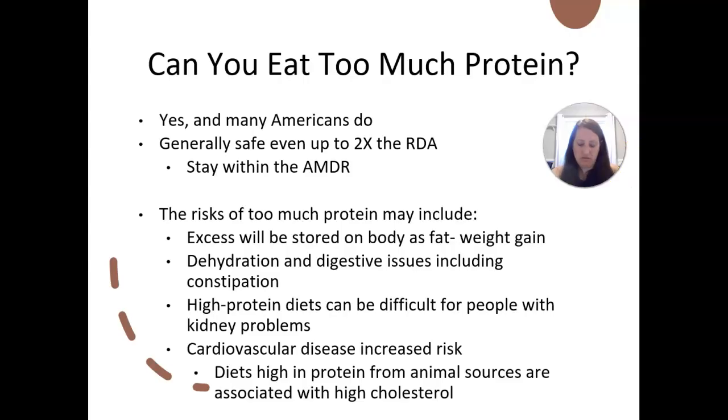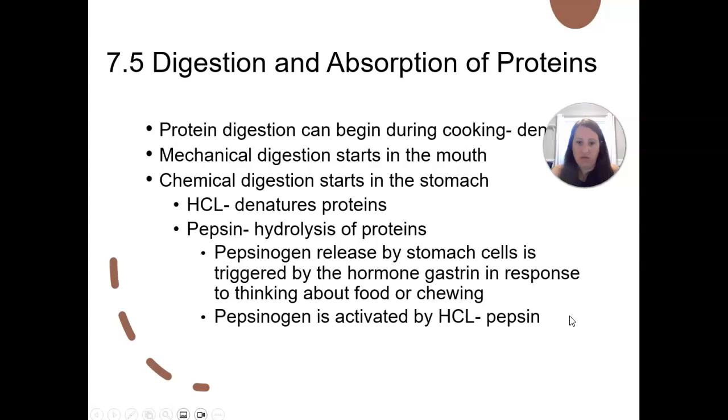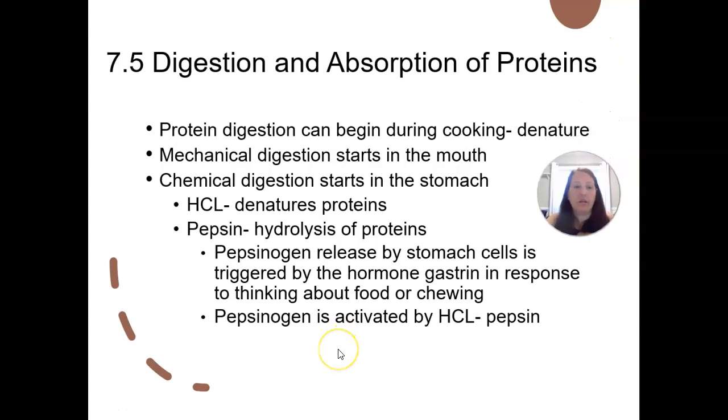So let's go on to 7.5. We're going to talk about digestion and absorption. First off, if you are taking a high protein food, whether animal or plant, and cooking it, then the protein already starts to be digested outside the body.